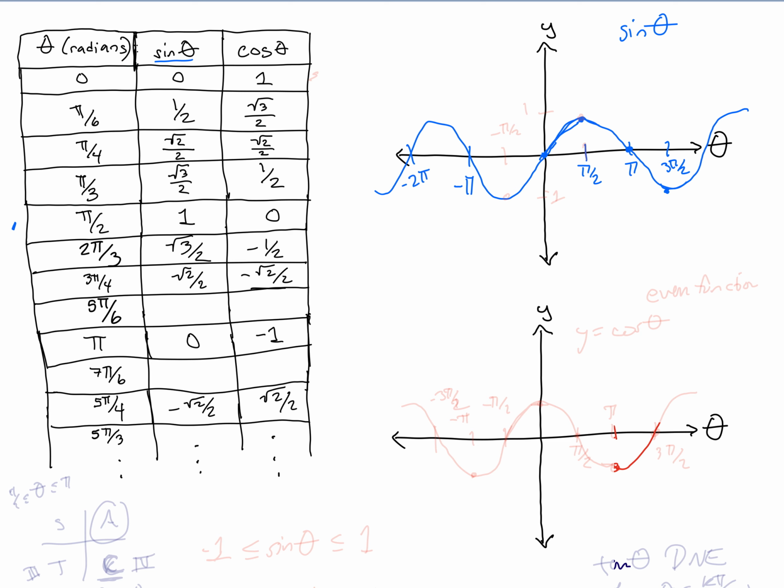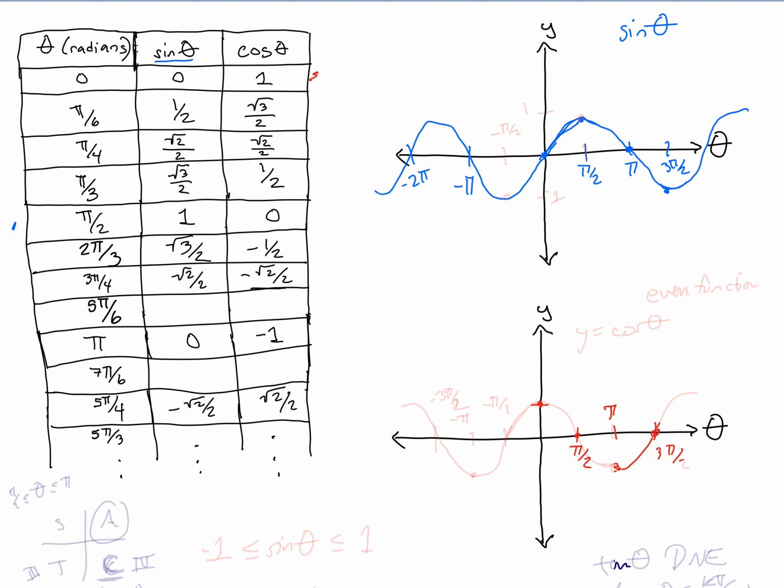Okay, how about cosine of theta? Well, cosine of theta we'll draw in red because that was our x value usually. Cosine of theta starts at 1. And then at pi over 2 we got 0. At pi we have negative 1. And at 3 pi over 2 we're back at 0.